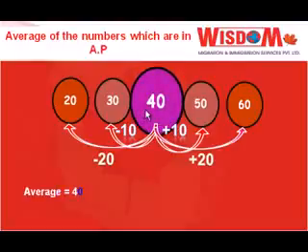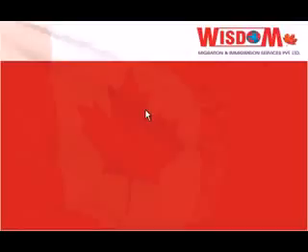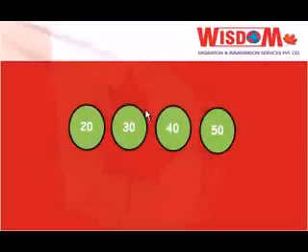Now let us move ahead and try a different example and see if we can solve the question using the same method. Now let's see, we have these numbers here. What would be the middle number of this series? First of all we need to check whether the numbers are in arithmetic progression or not. So 20, 30, 40 and 50. There is a common difference of 10 between them.